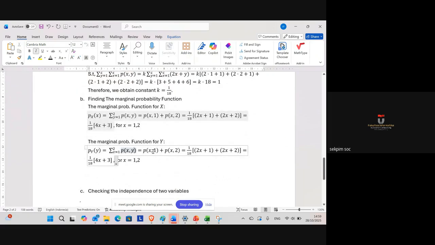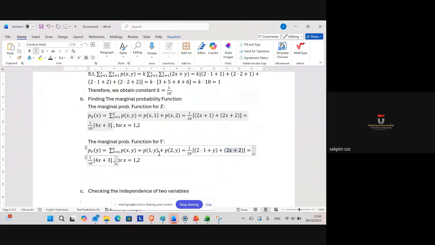For x equal to 1, let y be the variable, and for x equal to 2, let y be the variable. We take the constant out, and this one is just 2 times (1 plus y), right?